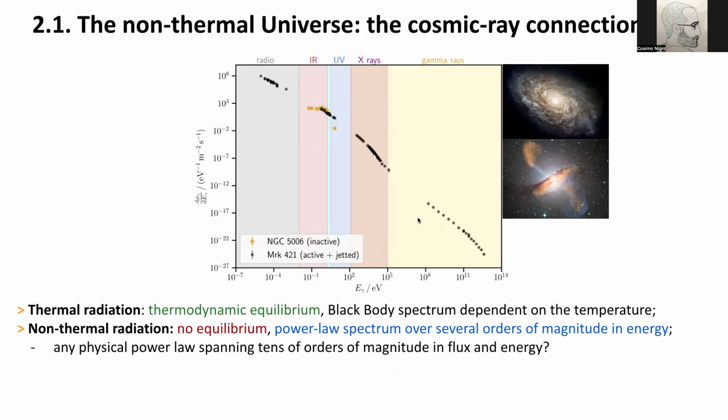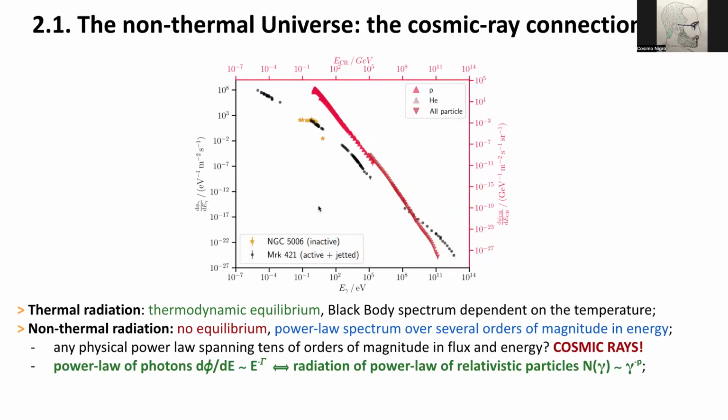And if we take a look at it in this differential flux representation, that is flux per unit energy, we can see a power law spectrum over several orders of magnitude in energy. Does it remind you of something? Of course, the cosmic ray spectrum, right? So yet another connection between gamma ray astronomy and astroparticle physics.